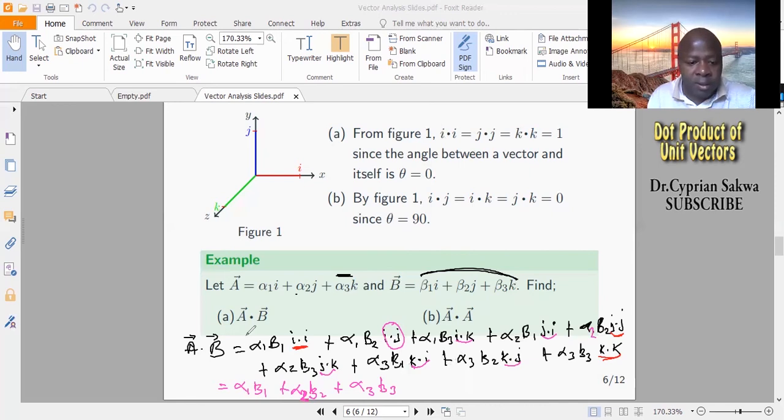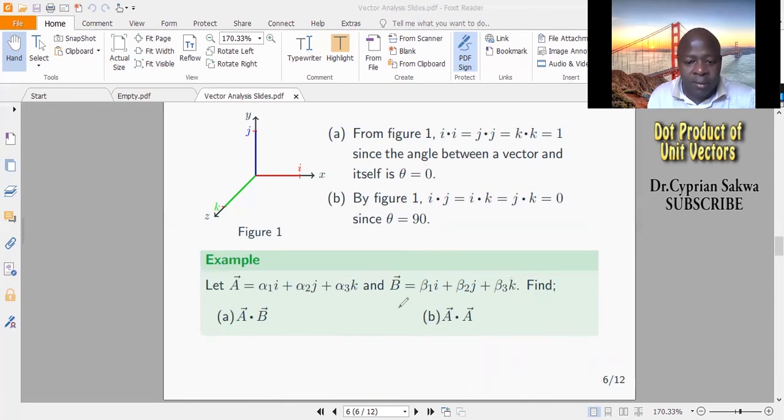So that means A dot B is this. It will be alpha 1 beta 1 plus alpha 2 beta 2 plus alpha 3 beta 3. What about A dot A?